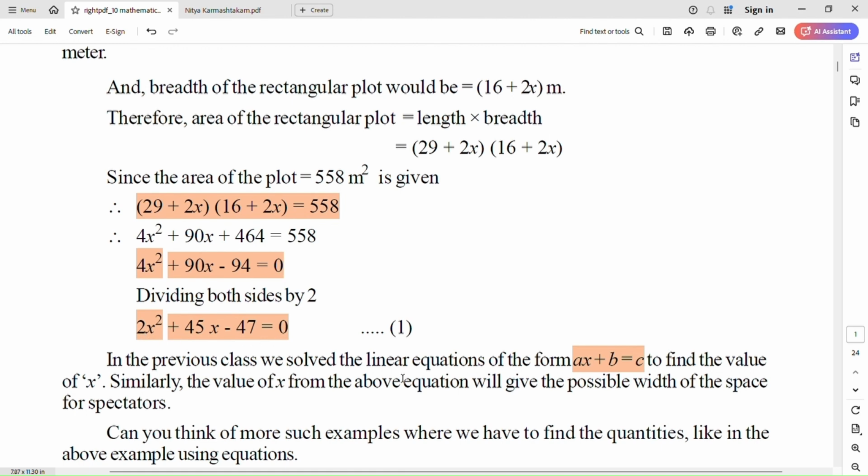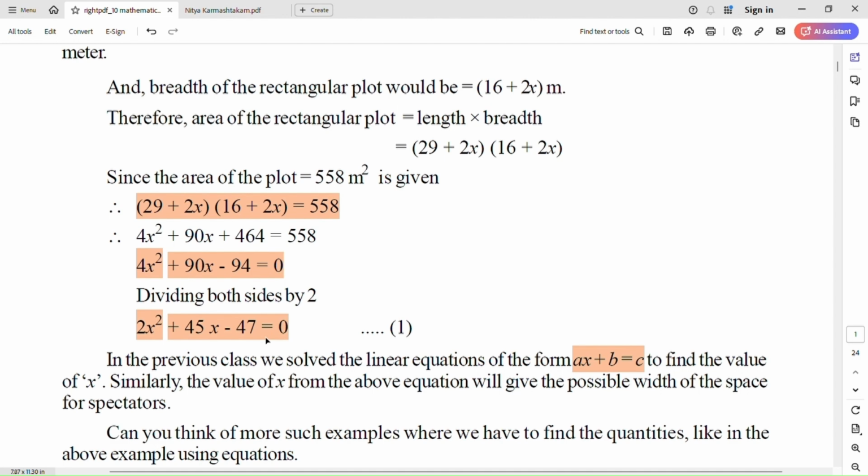As you know from the previous chapters, the highest power of the variable x should be 2. Then it is called a quadratic equation. In this case we have 4x square, where the power of x is 2, right? So this is a quadratic equation. You can simplify by dividing by 2 on both sides. This is what you get.